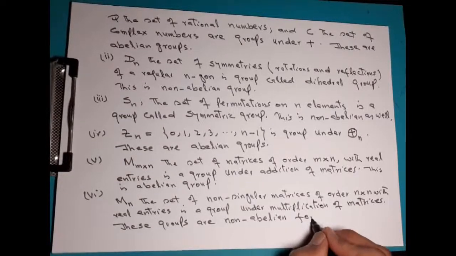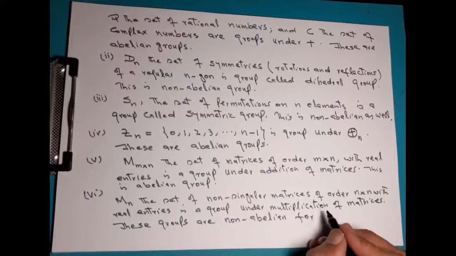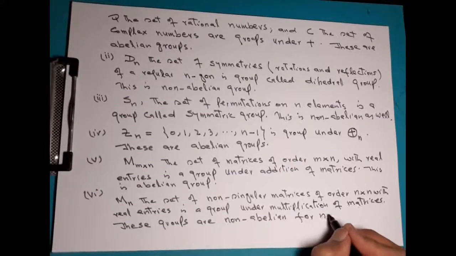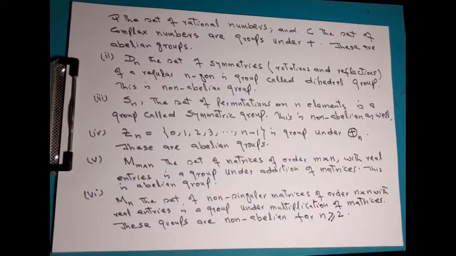To be very precise, we must say that for n greater than or equal to 2, because for n equal to 1, this is just a trivial case. So these are non-abelian groups.